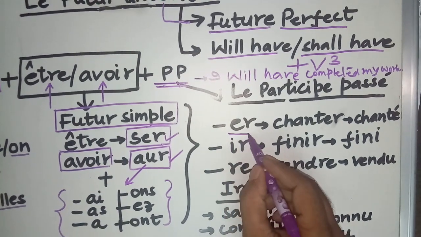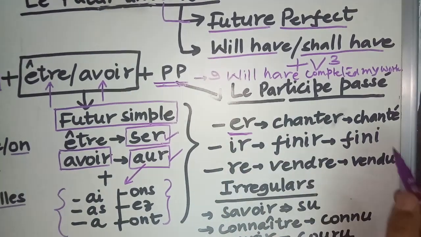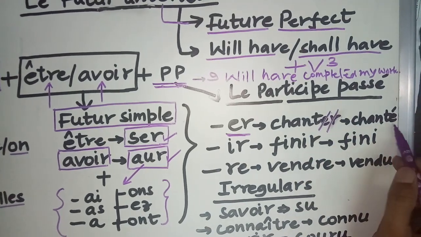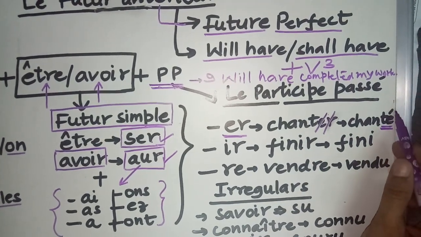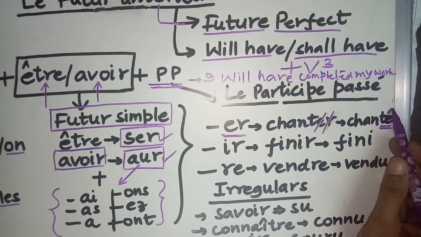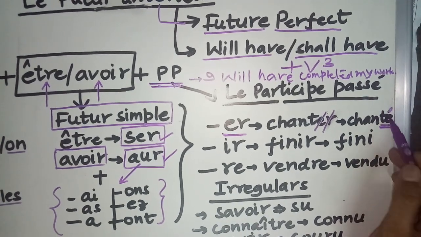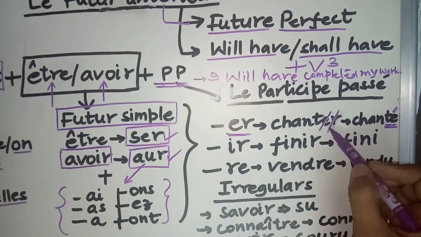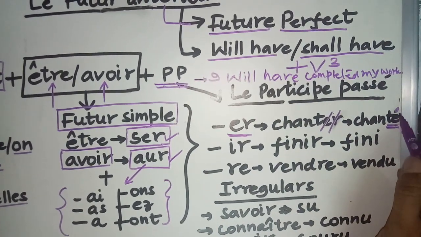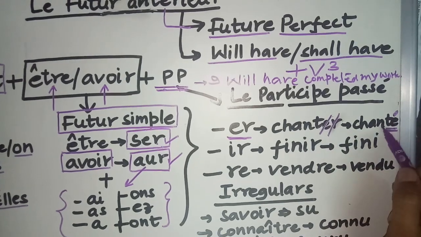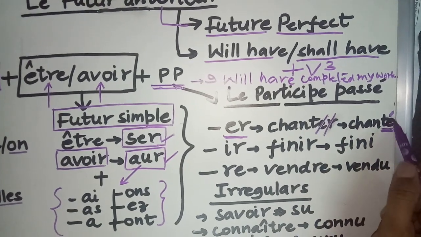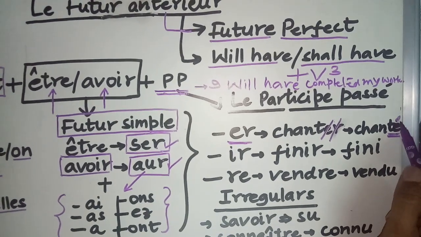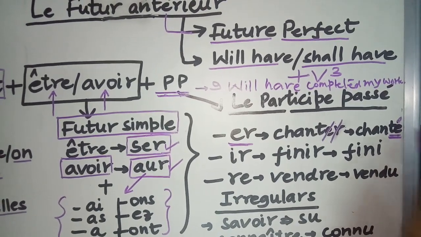For regular verbs ending in er, we have to drop the e and r from here and we have to add é. You can see this é, the acute accent, l'accent aigu. So chanter, er dropped, é, chanté, the pronunciation will be chanté with é. This is a key point to be noted, that you should not forget the acute accent, l'accent aigu.